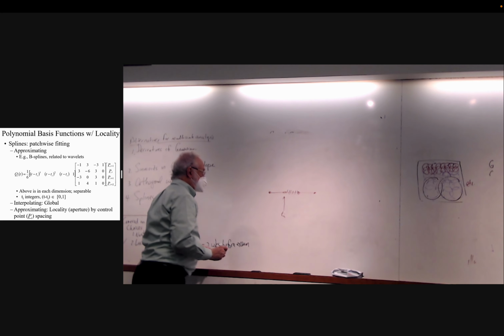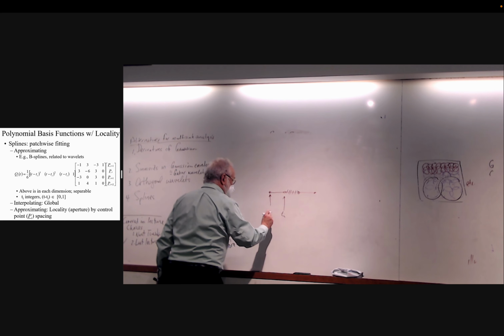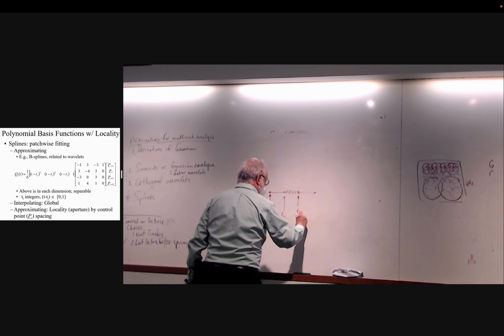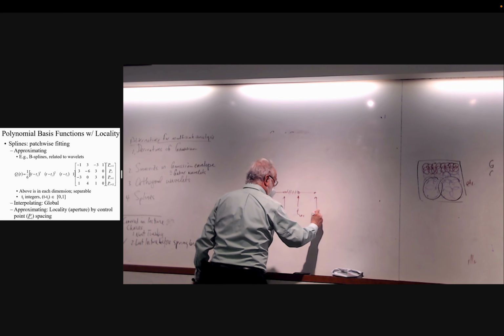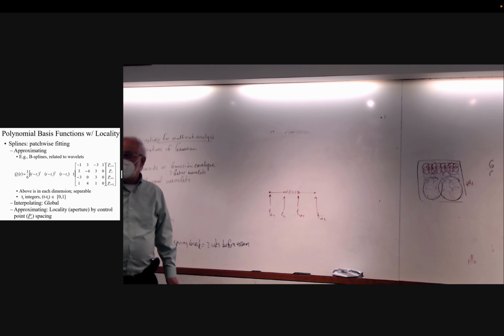We call that position t sub i. Then this one is t sub i minus 1, t sub i plus 1, and this one t sub i plus 2. Okay?